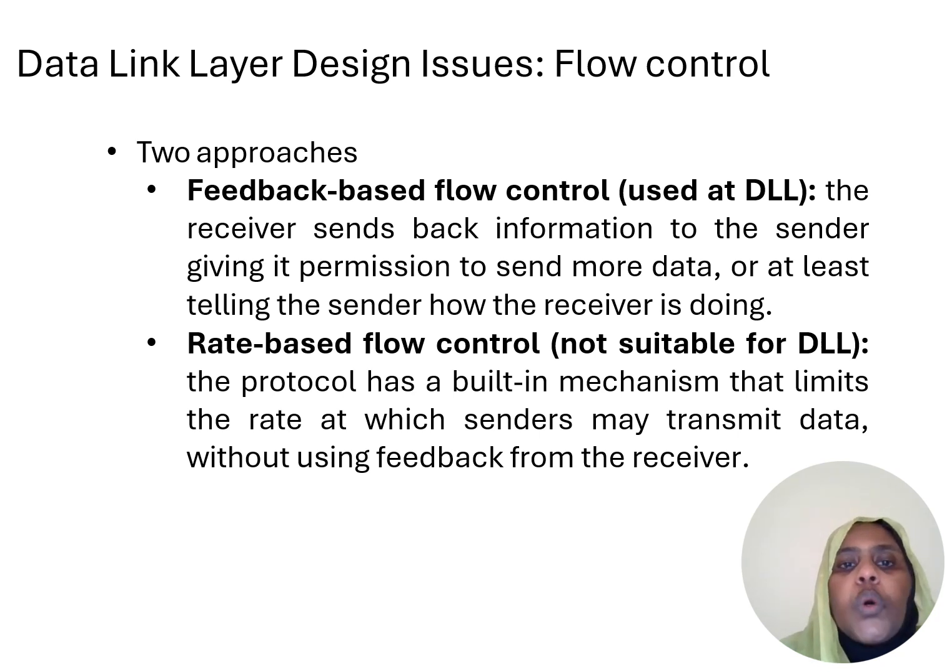The feedback-based flow control is when the receiver sends feedback to the sender, telling the sender if it's okay to send data or not. The rate-based flow control is when the protocol itself has a built-in mechanism that limits the rate at which the sender may transmit data without using feedback from the receiver.